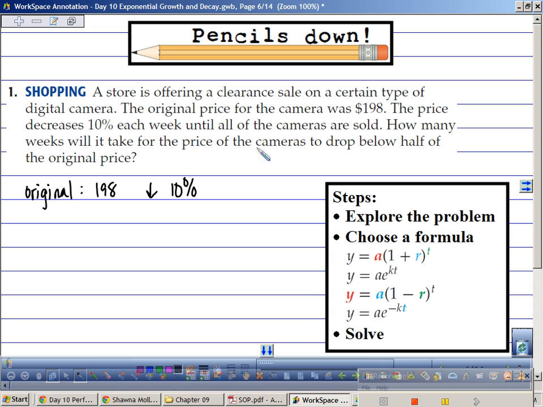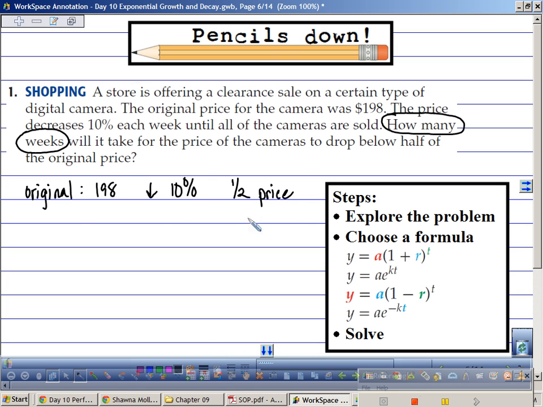How many weeks will it take for the price of the cameras to drop below half the original price? Okay, so it's asking me how many weeks, and it's going to be how many weeks until half the price?